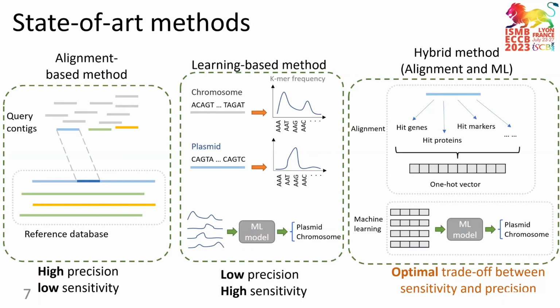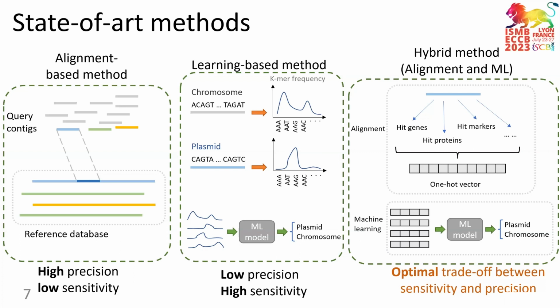Nowadays, there are three types of methods to identify plasmids. The first is the alignment-based method. They align the query contigs to the reference database using a stringent threshold, and we found these tools have high precision but low sensitivity. Another is the learning-based method.